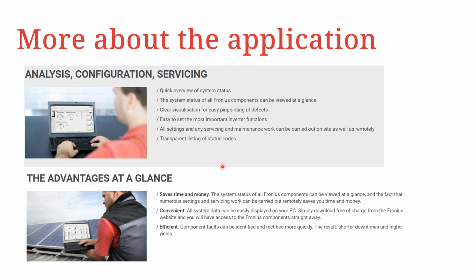Like I mentioned, if you're not connected to Fronius SolarWeb, you can use the Solar.service software application for pinpointing defects within your installation. It will be able to tell you important inverter functions. Also, all inverter settings can be accessed, and all the state codes you are able to view at a glance.